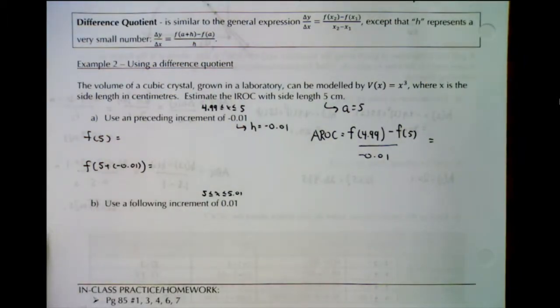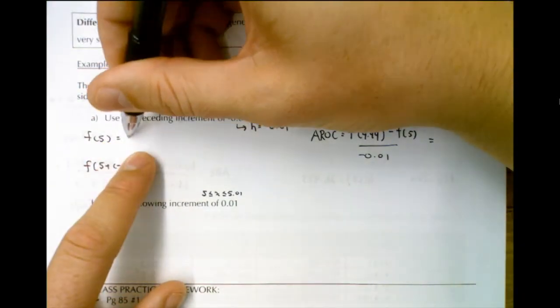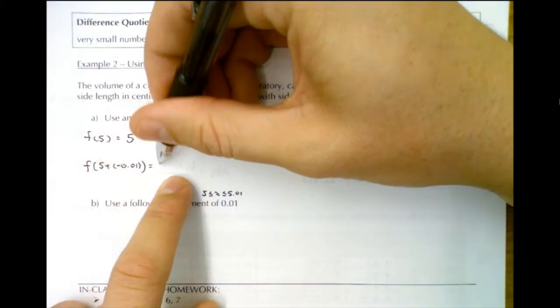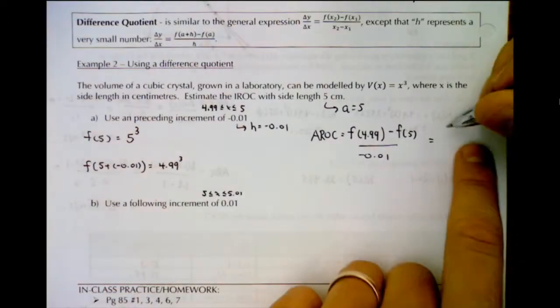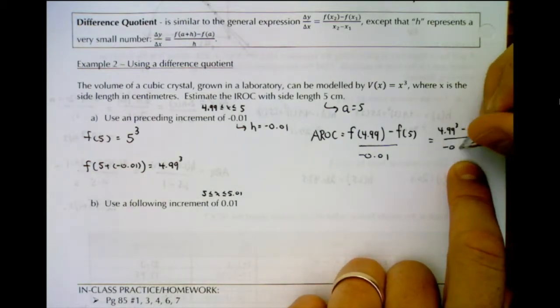Save me some work. So what is f at 5? Well, f at 5 just means plug 5 in for x, and that would be 5 cubed. And what would this be? Well, it would be 4.99 cubed. So 4.99 cubed minus 5 cubed divided by negative 0.01.